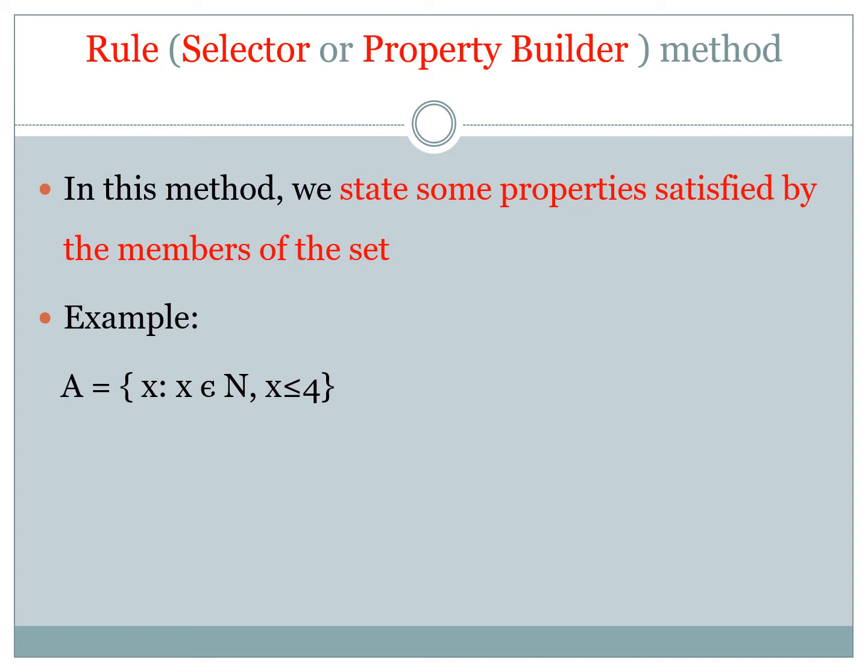So in this definition of the set A, the elements of set A are natural numbers which are less than or equal to 4.